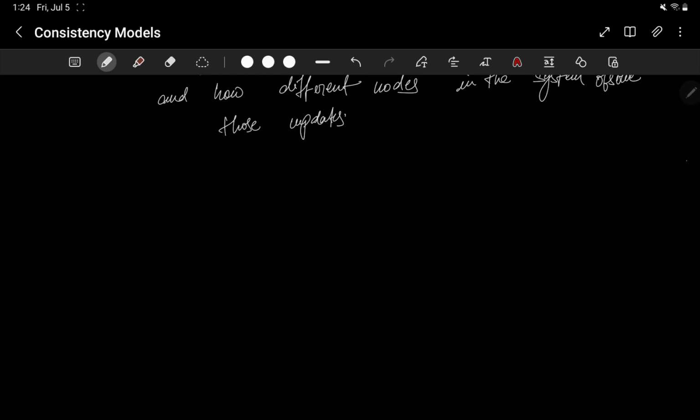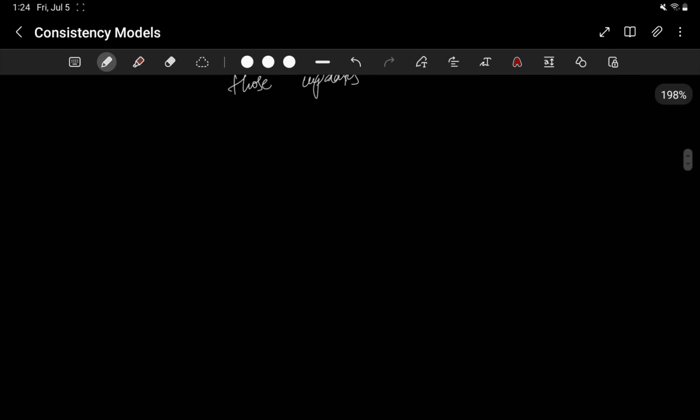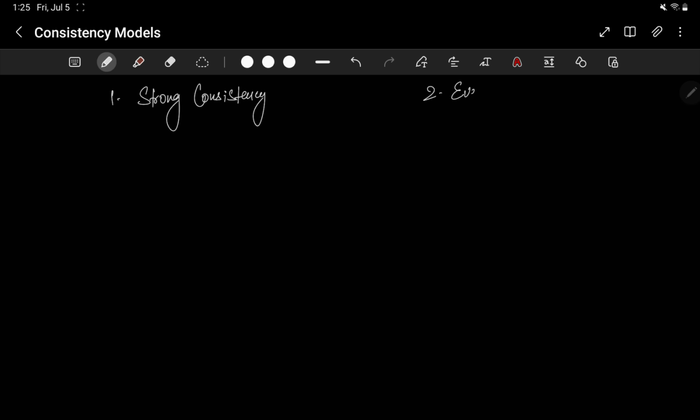There are two types of consistency models. One is strong consistency, and the second one is eventual consistency.